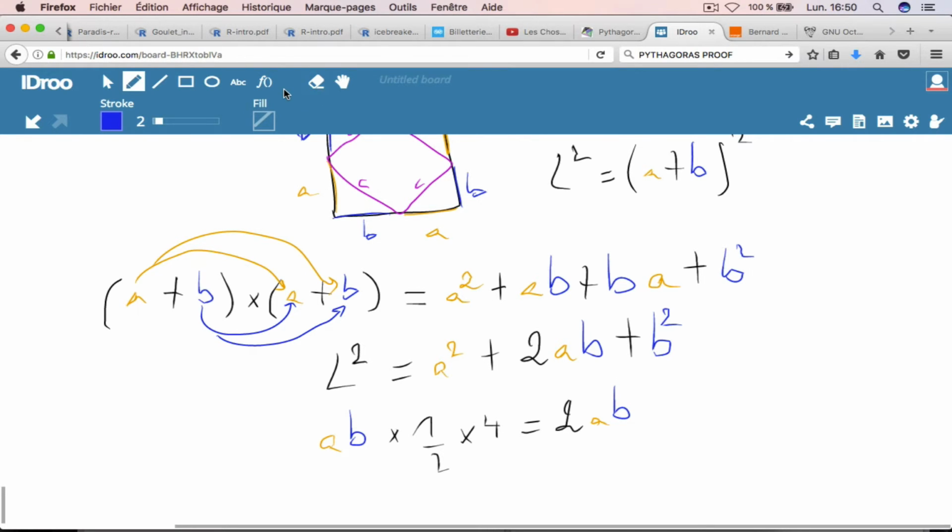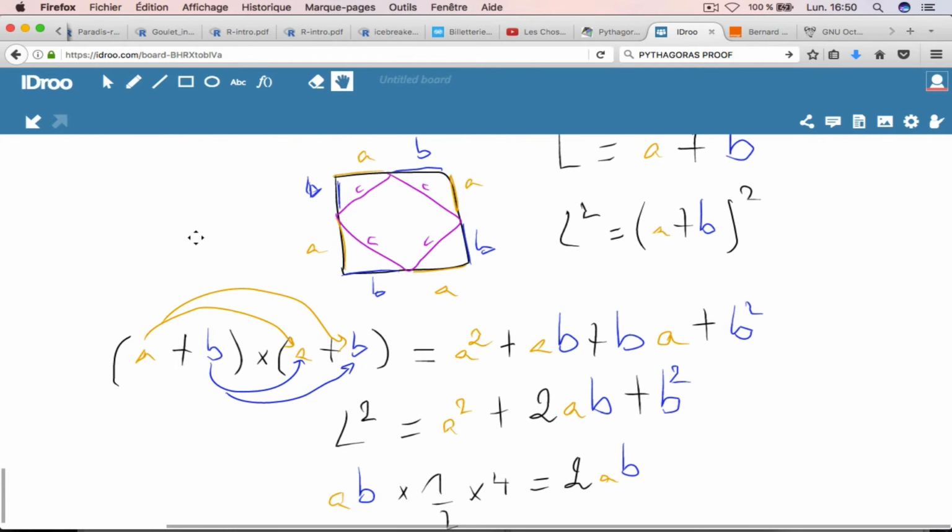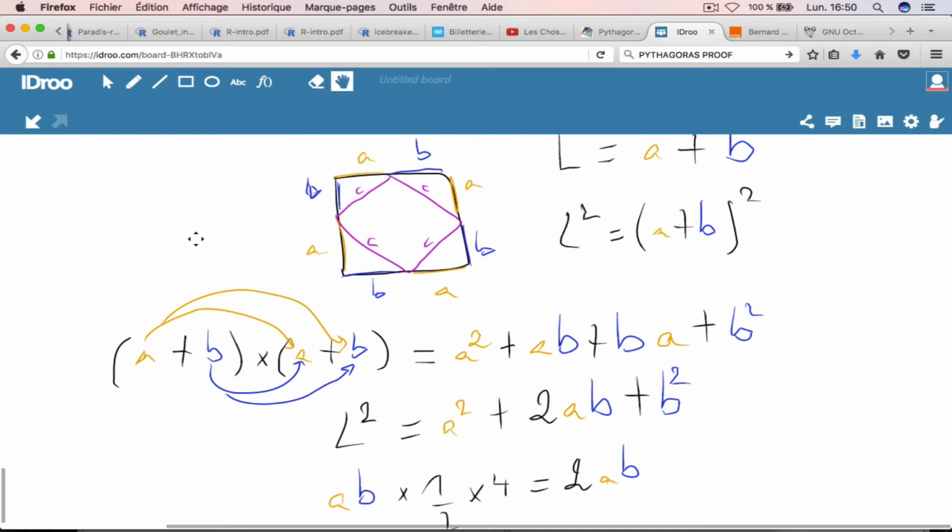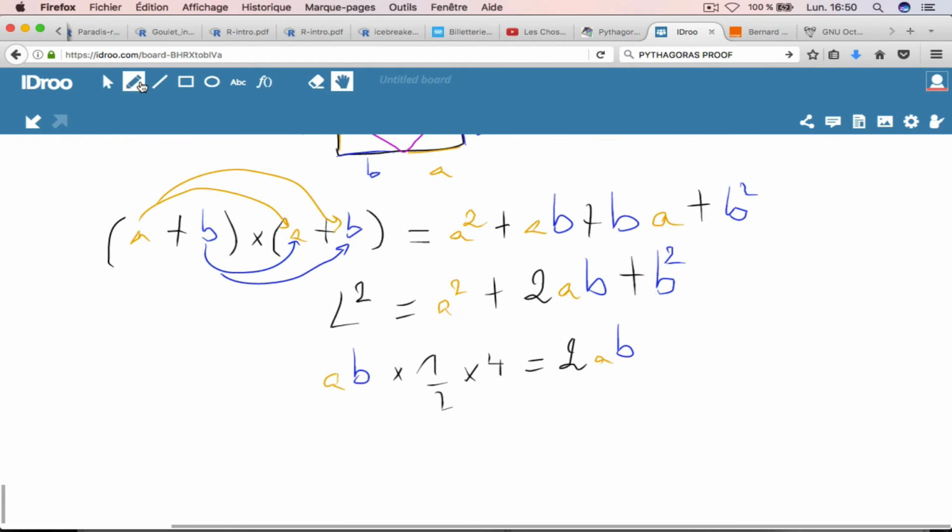And let's compute the tiny square. The tiny square is C squared. So L squared is equal to C squared plus 2AB.